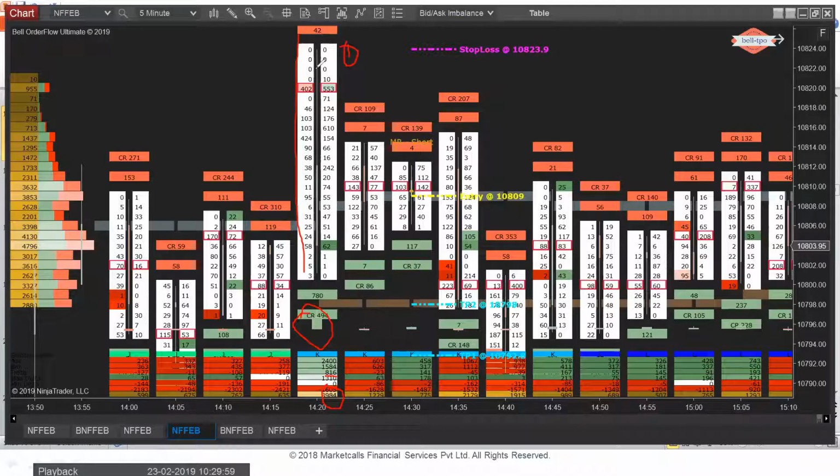Right inside the candle, we also have trapped buyers and trapped sellers. Anyway, it's just more confirming. It is a combination of an MR plus trapped buyers or trapped sellers. It doesn't matter. Usually what happens is this is again a stop loss for an MR candle.